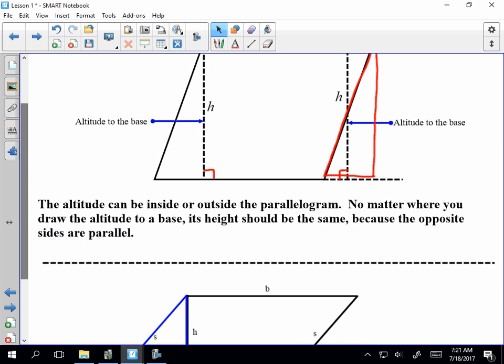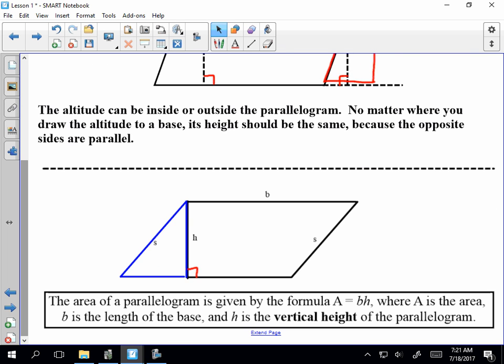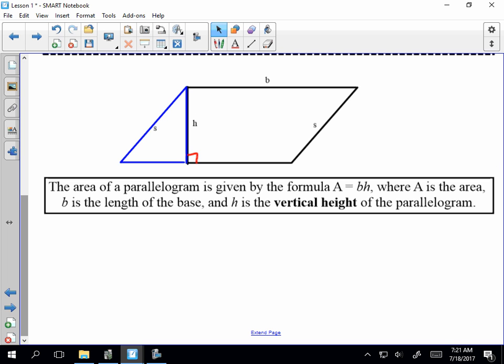So that's why we don't talk about length times width. We talk about base and height because those two measurements are the most important measurements when finding the area of any shape.